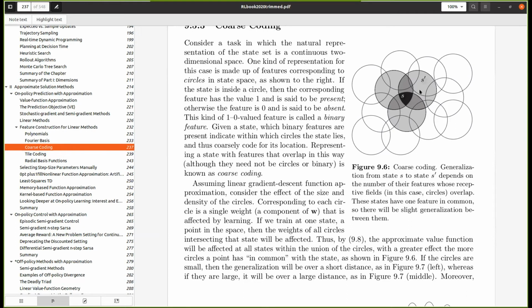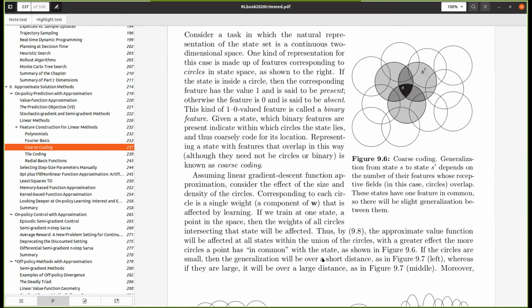So if we have a state space nicely covered with some number of circles, then we will have a meaningful representation for each of the possible states, a binary vector representing each possible state.